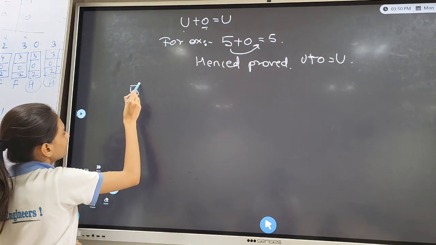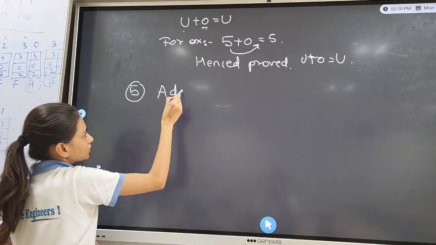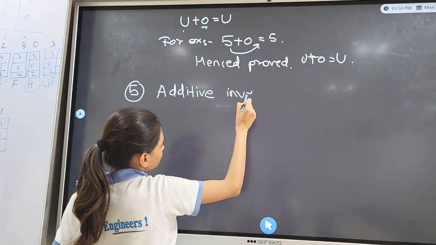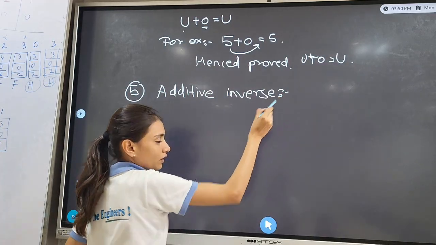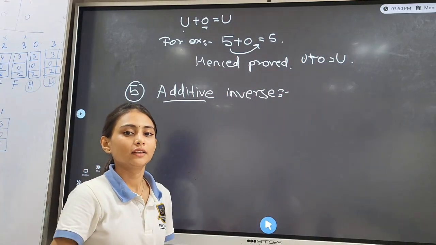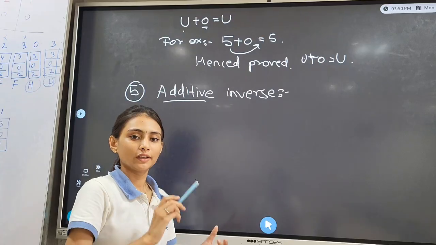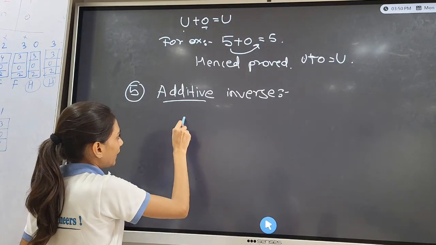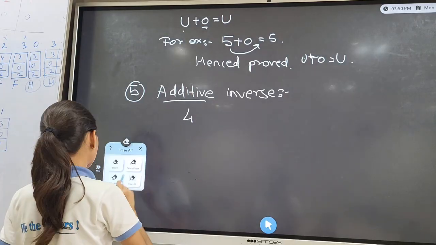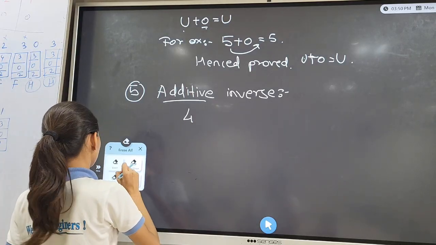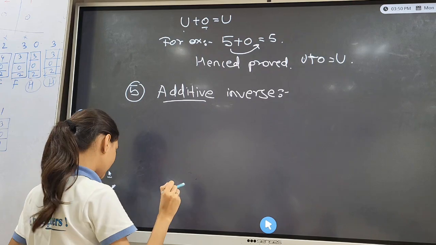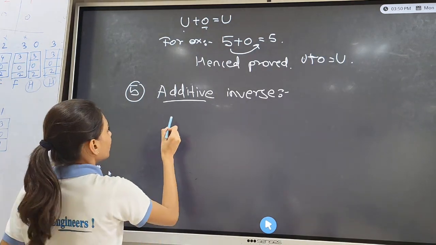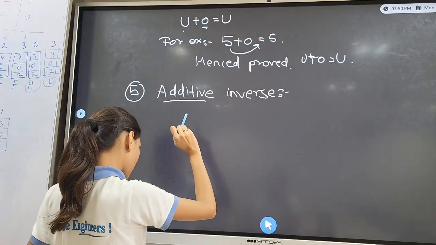The next property is additive inverse. This property shows that there is always an inverse vector present, so whenever we add that vector to another vector, it cancels both elements. We see how it can be possible.